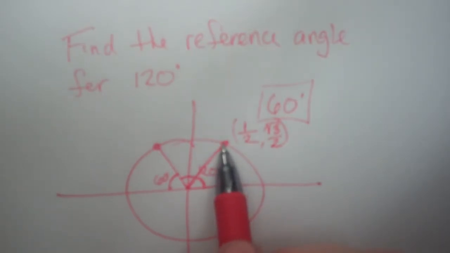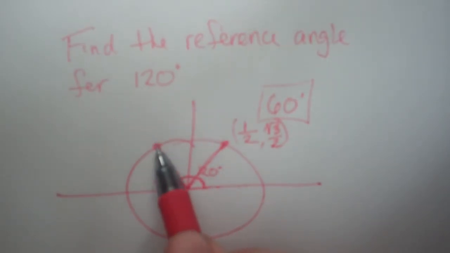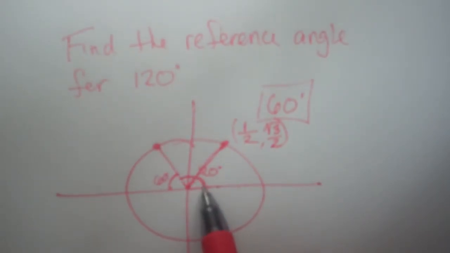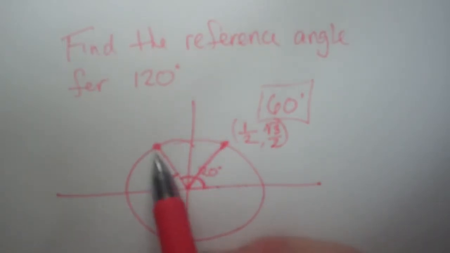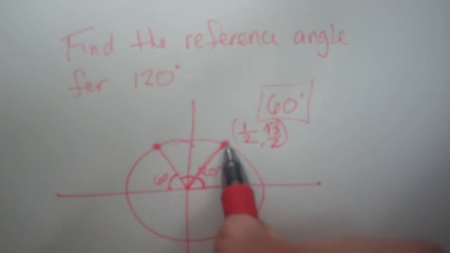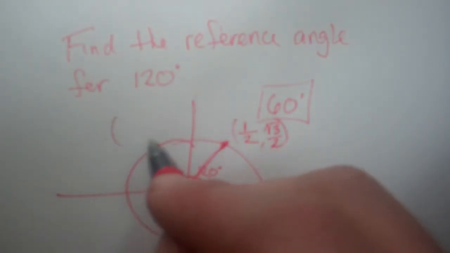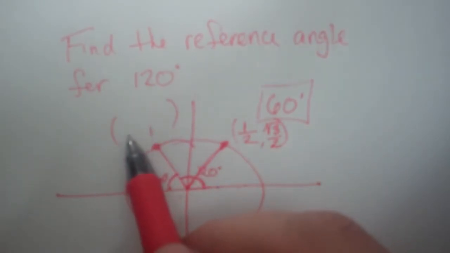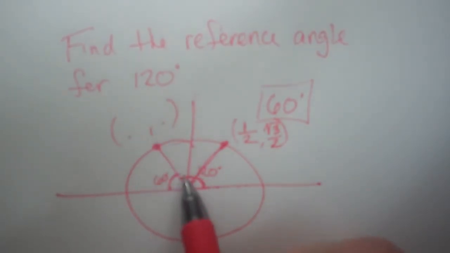That information is enough to find the cosine and the sine of 120. Because it should be fairly apparent to you that 120 is a reflection of its reference angle 60 right here. So, what will the cosine and the sine of 120 be?